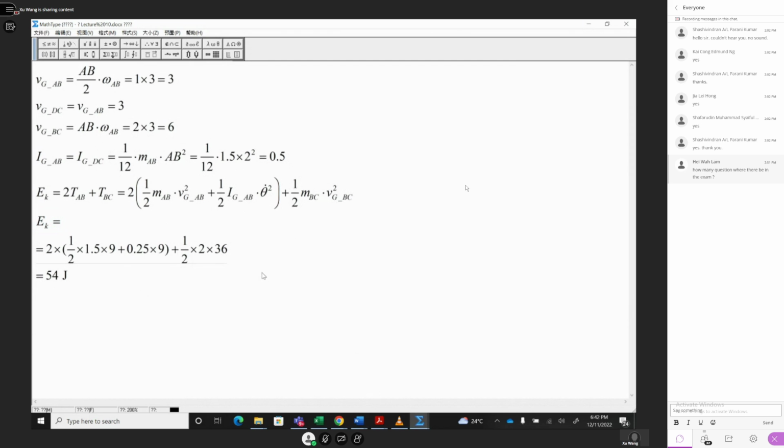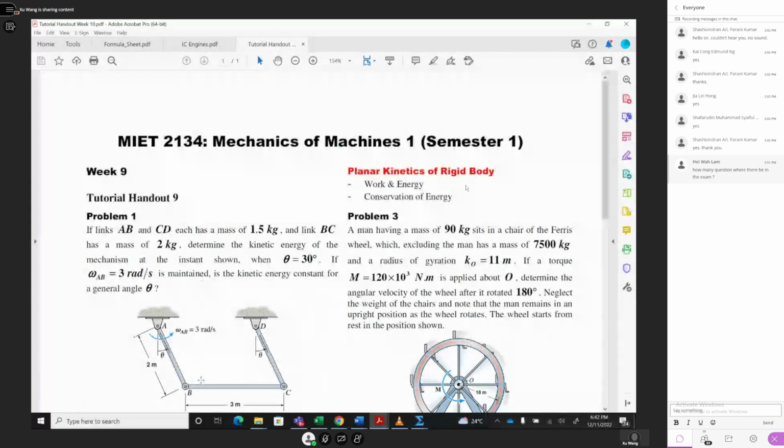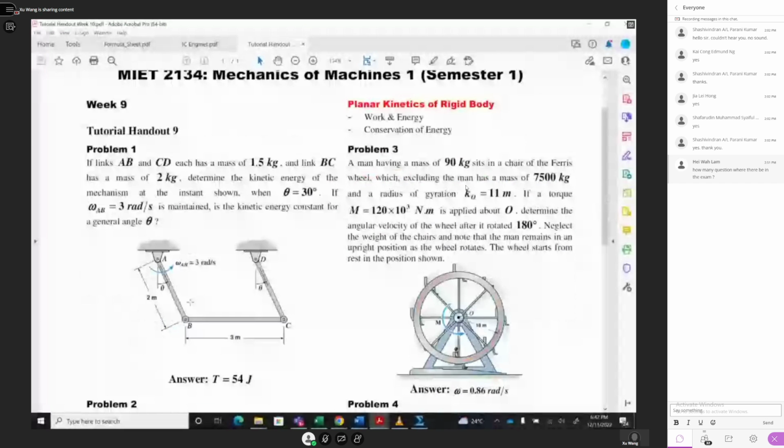For any angle, what happens? Is it constant for a general theta? I don't think so, because the potential energy will be changing, so it will not be constant. You know why? Because here is the position of the center of gravity at 30 degrees.